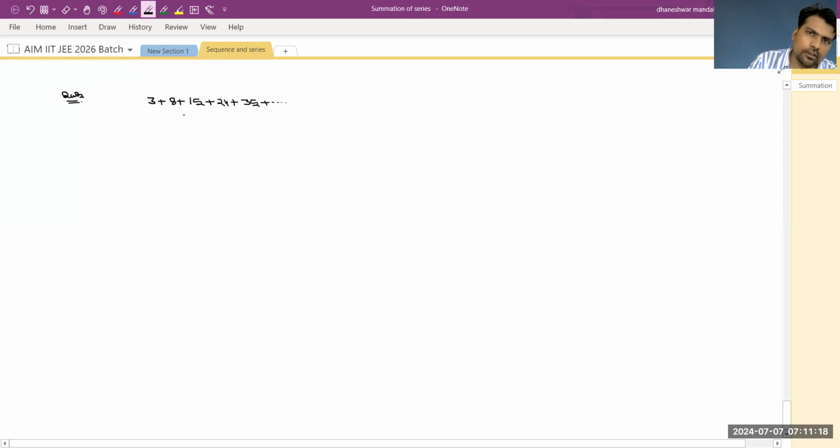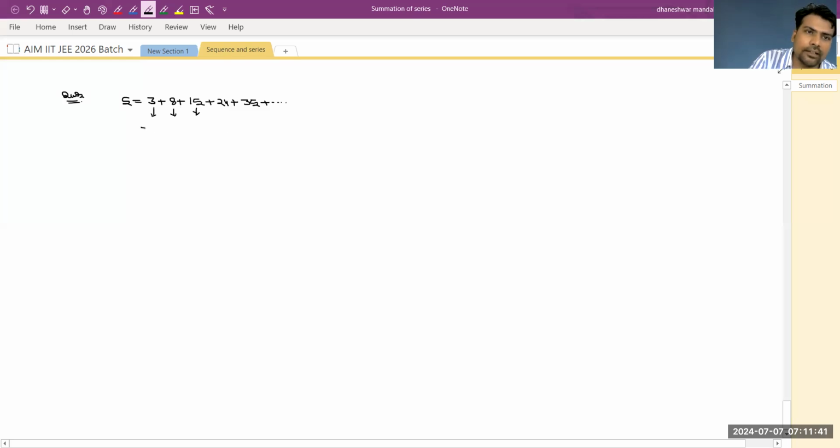If you see this expression, you will find this number 3 is just 1 less than 4. Similarly, this number is just 1 less than 9, and in a similar way this number is just 1 less than 16. And 9, 16 are perfect squares.